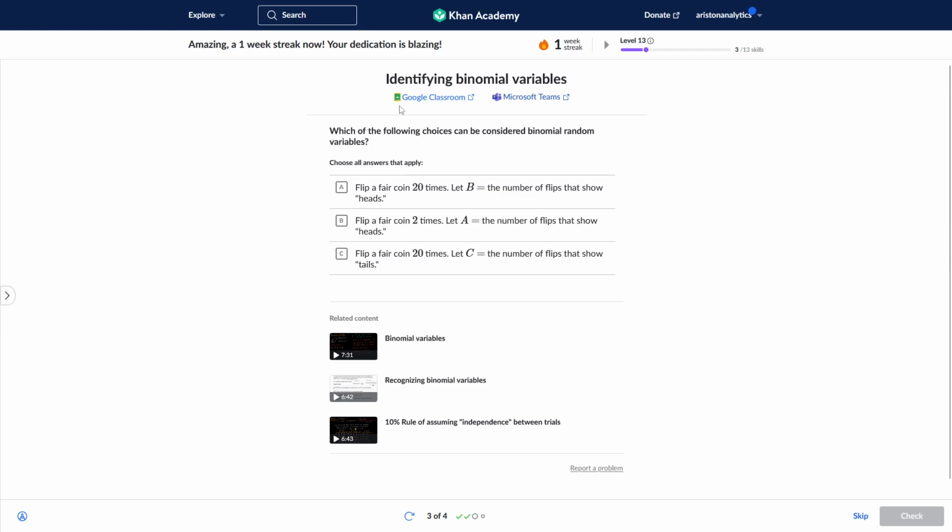Which of the following choices can be considered binomial random variables? That's one. That's one. That's one. Okay, so independence, outcomes don't affect one another, success or fail. Ooh, fixed number of trials.